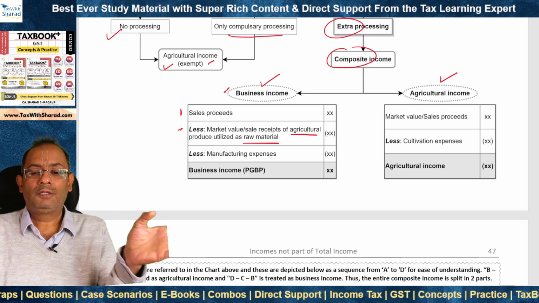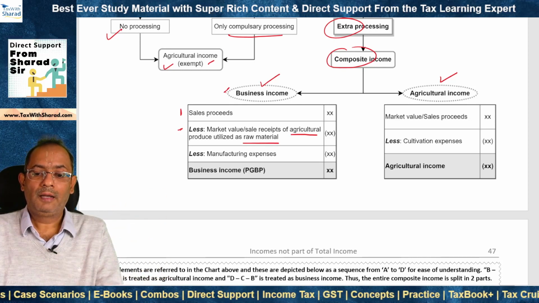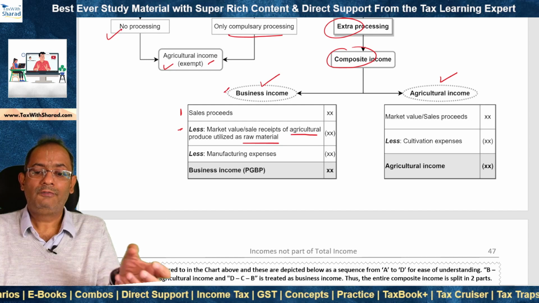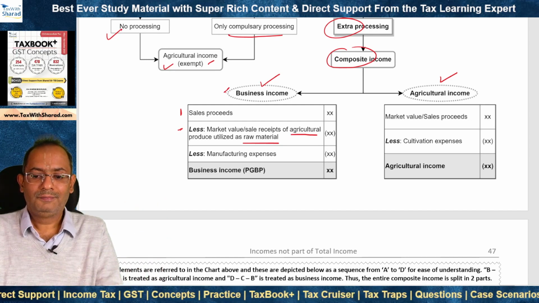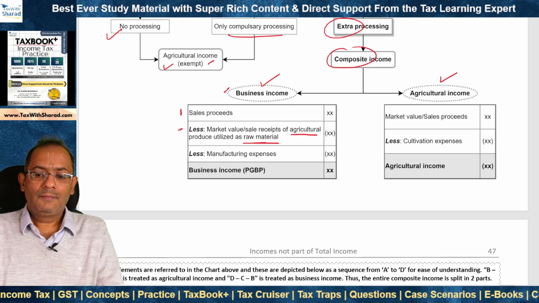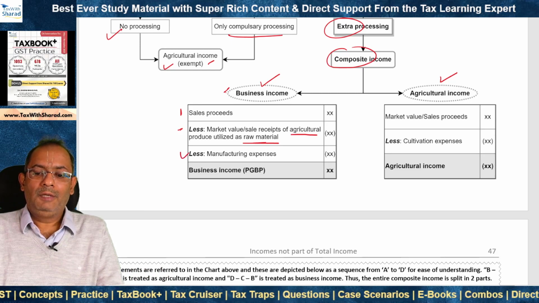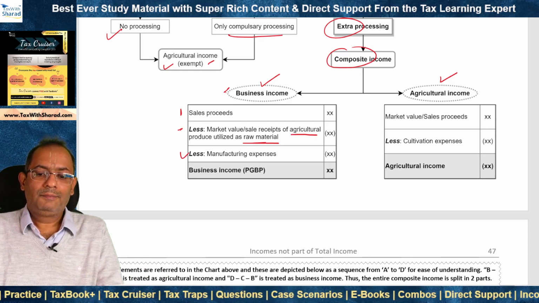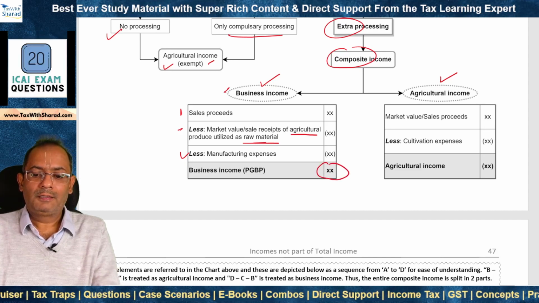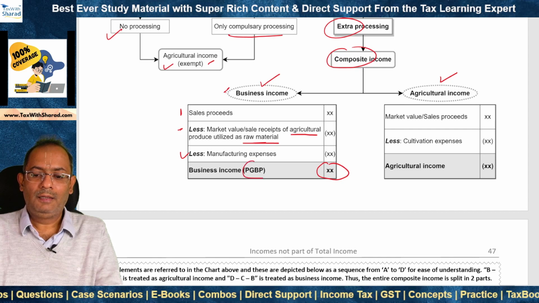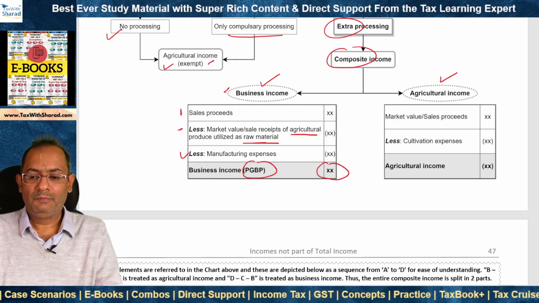So if sugarcane is converted into sugar, then we deduct the market value or sale receipts of the sugarcane which is utilized as raw material to produce sugar. And then there will be certain manufacturing expenses, we reduce that. And this brings us to the amount of taxable business income which is taxable under the head PGBP, profits and gains of business or profession.